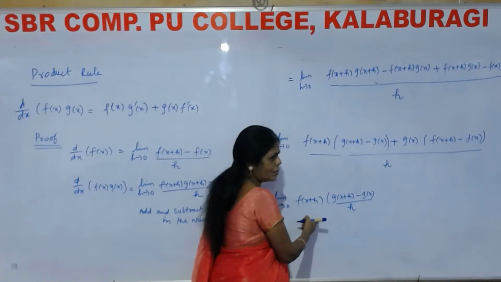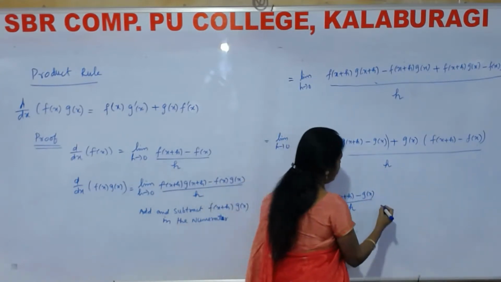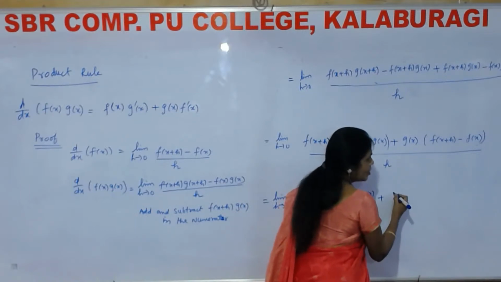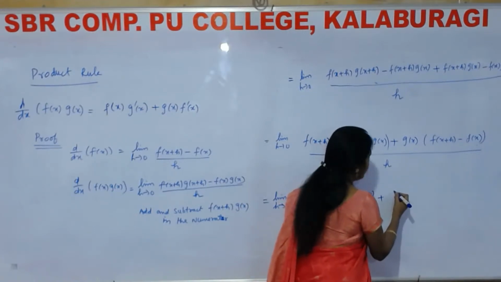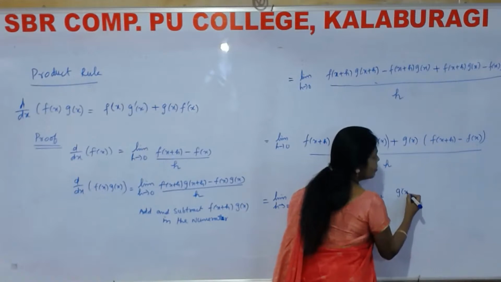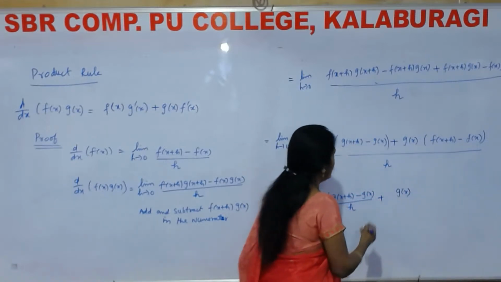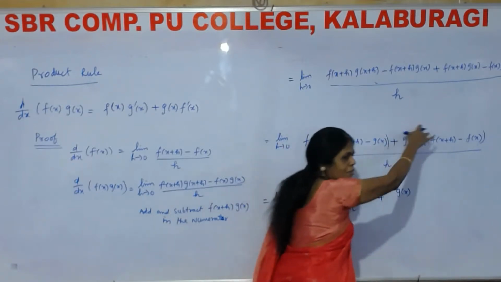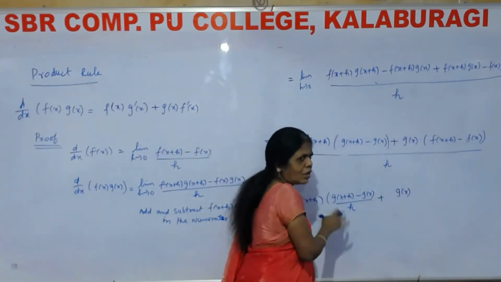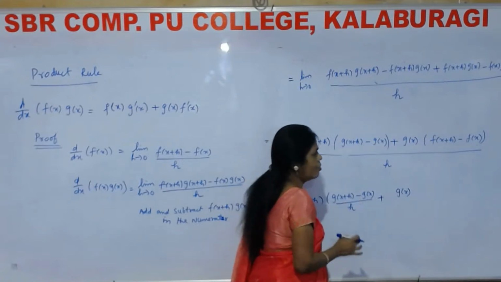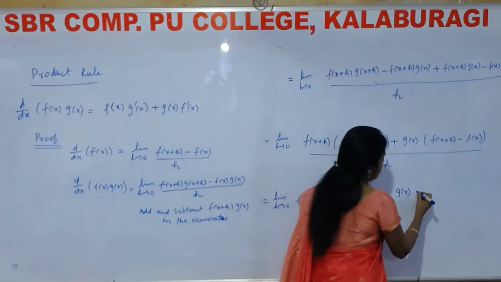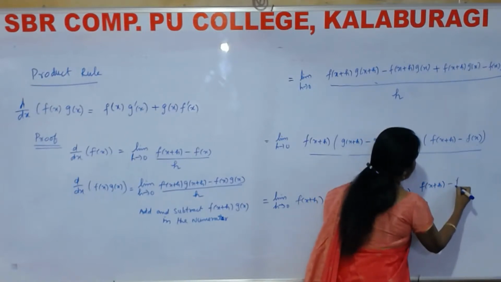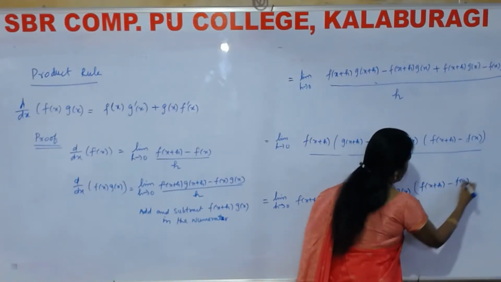Tell me the next term. Plus g of x. Any doubt, do you want me to write this by h plus this by h? All of you understood this? And tell me what is the next one? f of x plus h minus f of x.